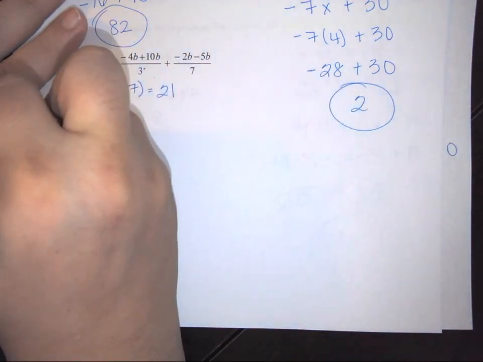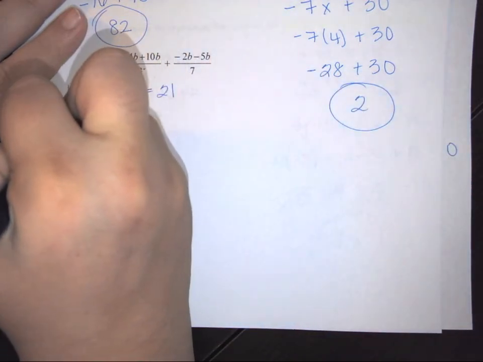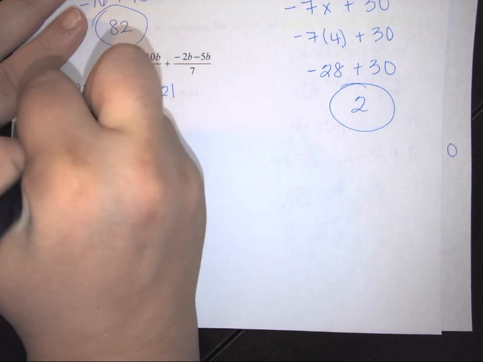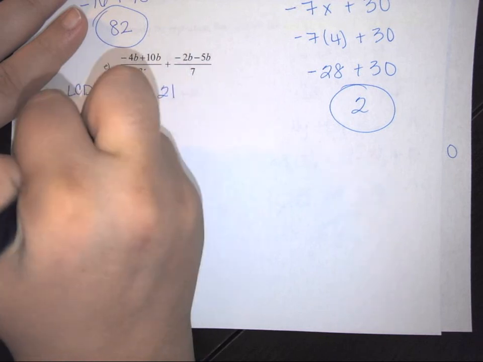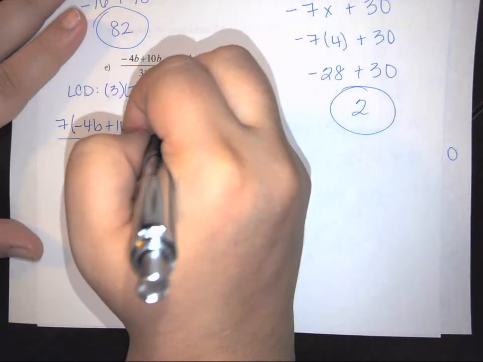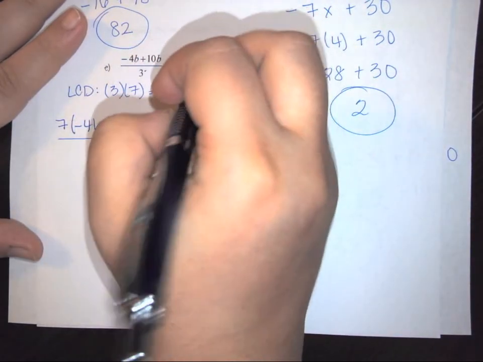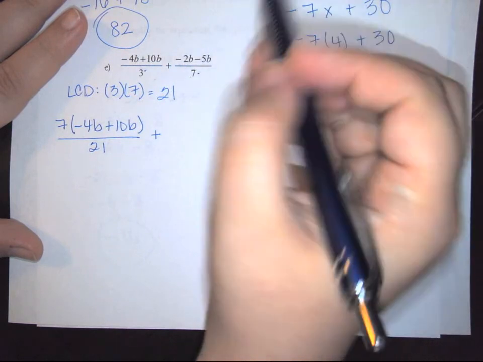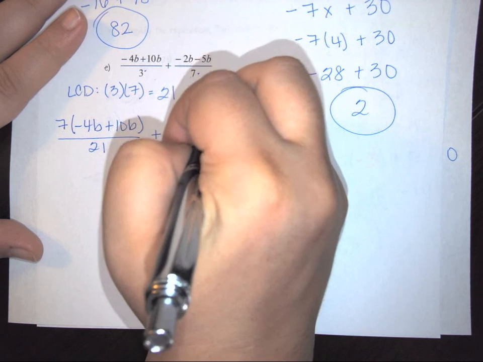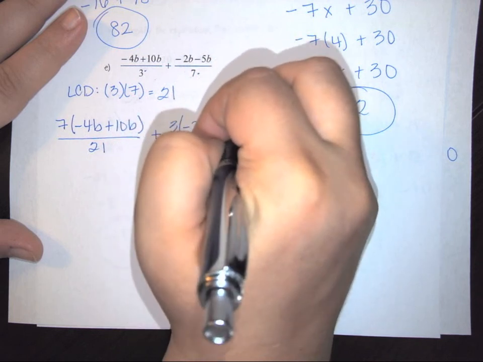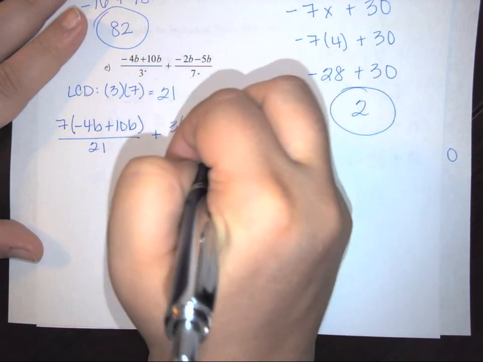So this is going to be 7 times negative 4b plus 10b over 21. And then this is going to be plus, and then I had a 7 on the bottom, so it's going to be 3 times a negative 2b minus 5b all over 21.